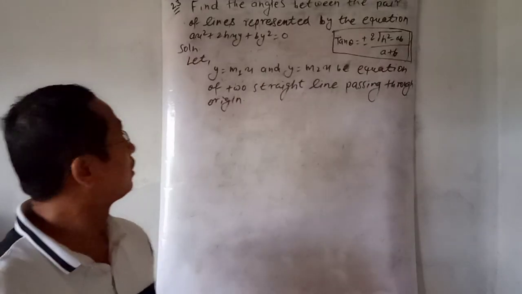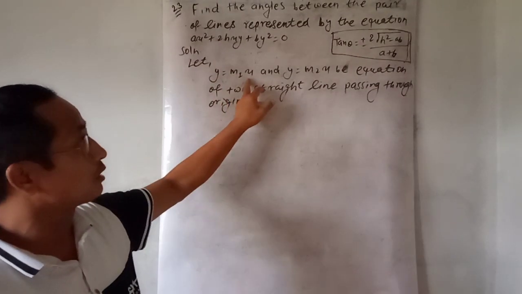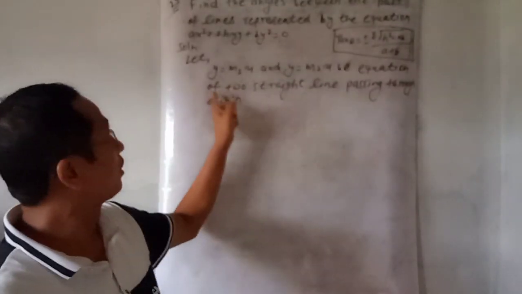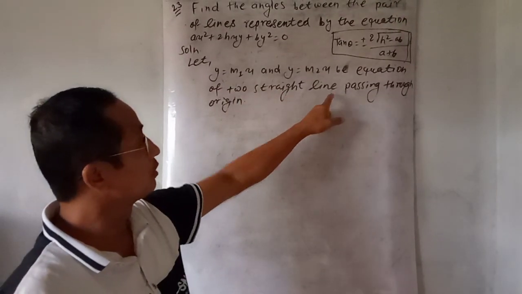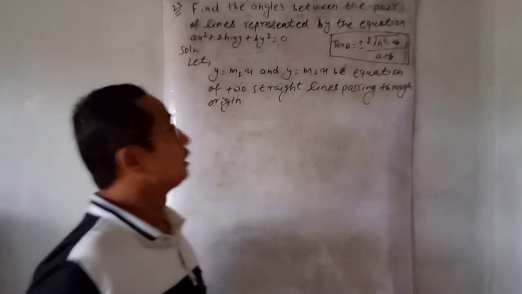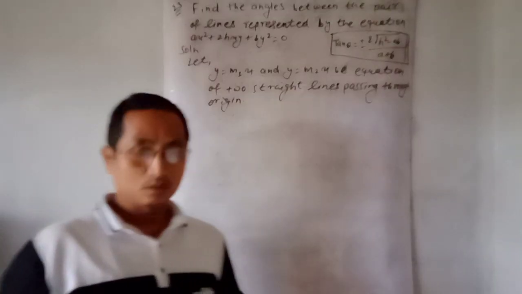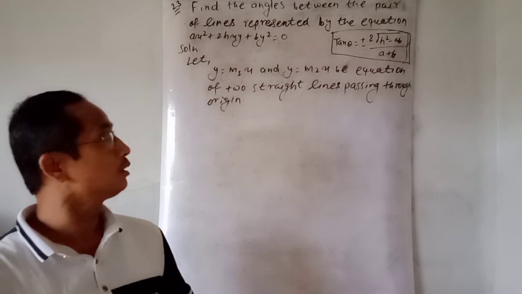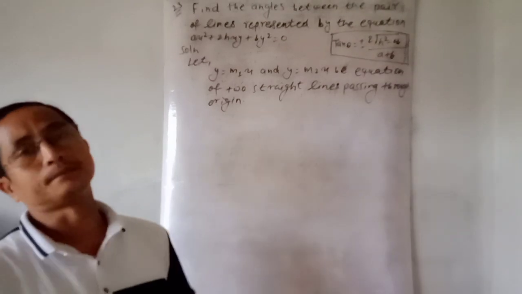I mean, here y is equal to m1x and y is equal to m2x be equation of two straight lines passing through origin. I mean, y is equal to m1x is the equation of a straight line which passes through origin.